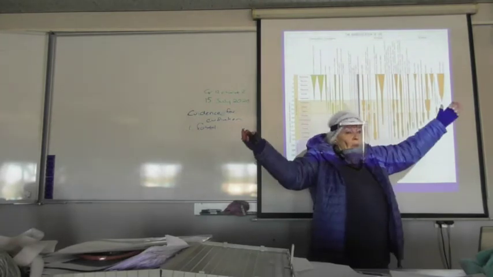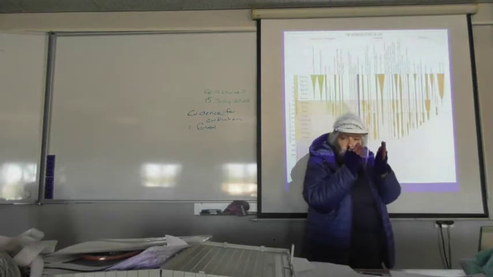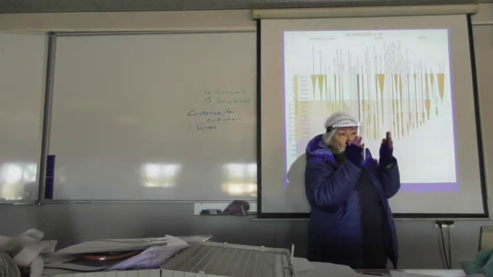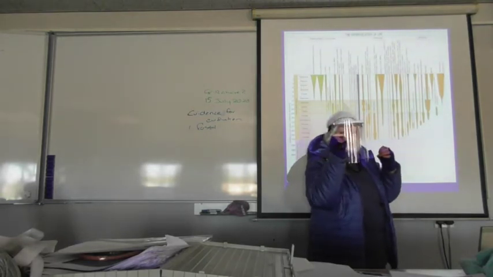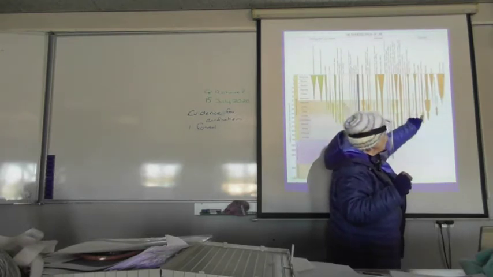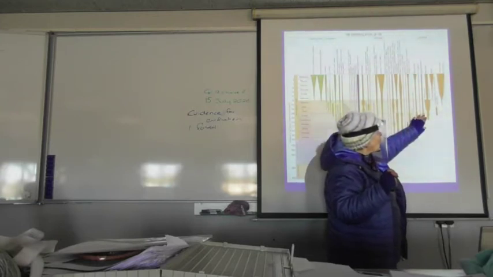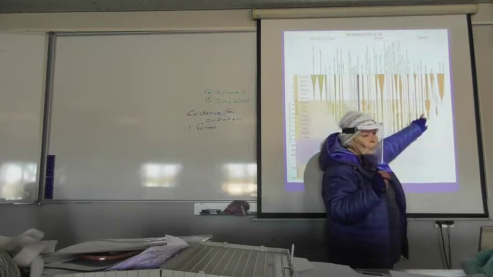So the number of different kinds of organisms within that group decreased significantly. So here, for example, if you look at amphibians, the number of different types of amphibians probably decreased by 2/3.